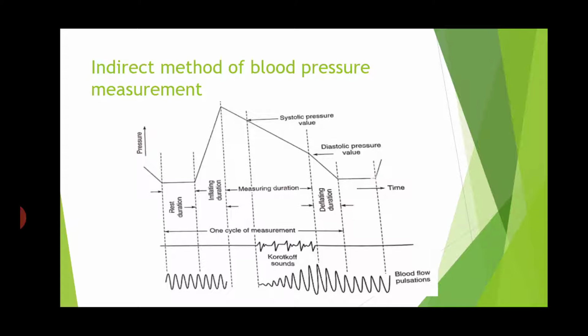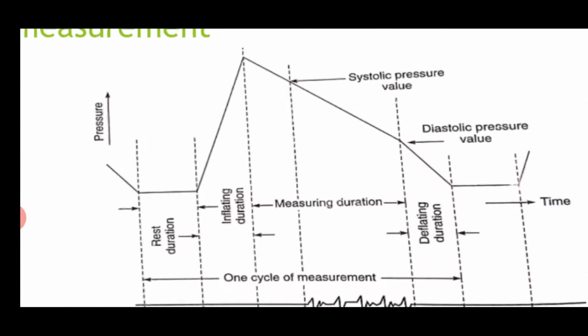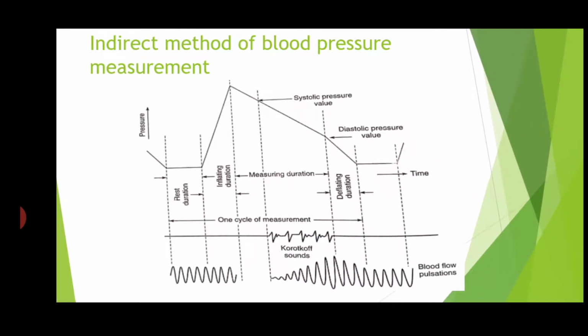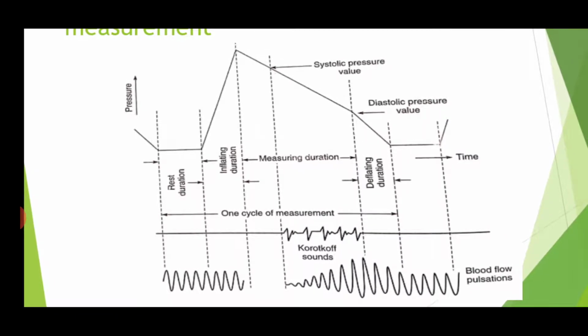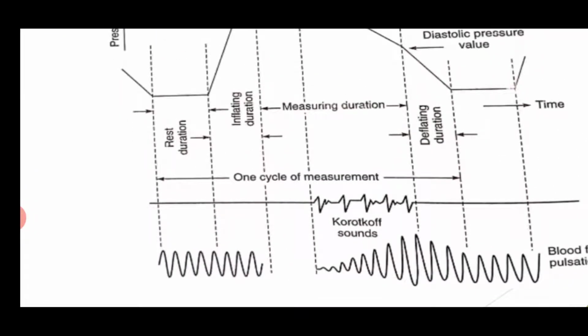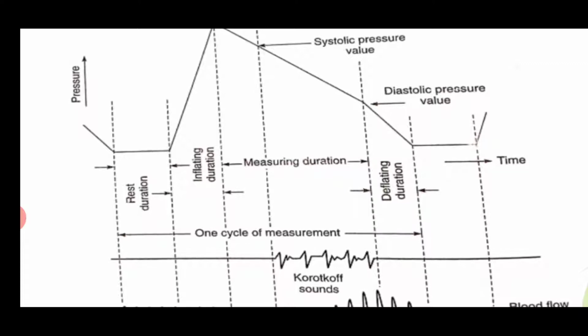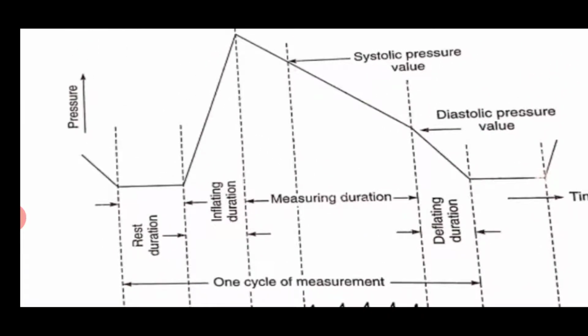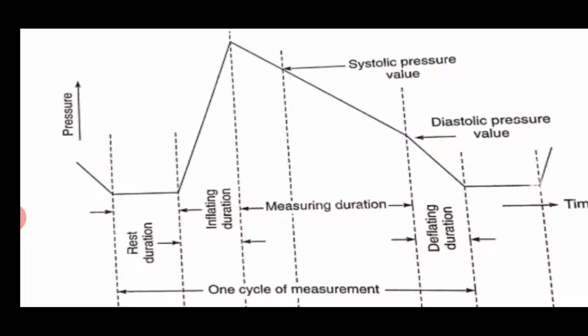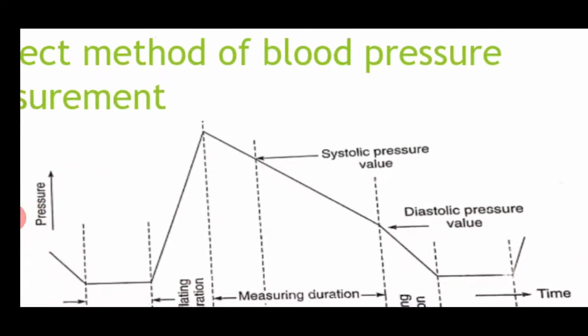So now I will explain a little bit according to the diagram. This is the starting pressure at rest. At this point the cuff pressure goes on increasing up to this.